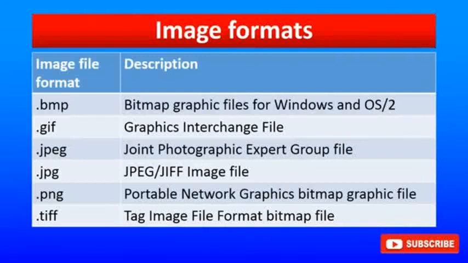Then JPG, it is JPEG only, and a GIF image file also. Then next one is PNG, full form is Portable Network Graphics bitmap graphic file. And the last one is .tiff, that is Tagged Image File Format. It is also a bitmap file.